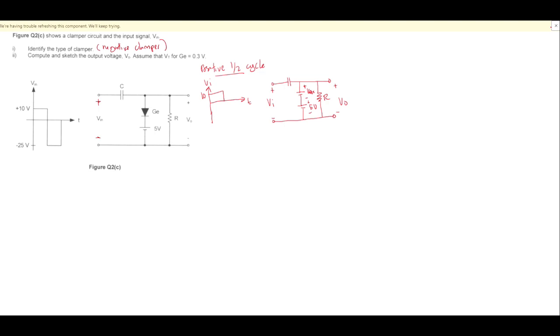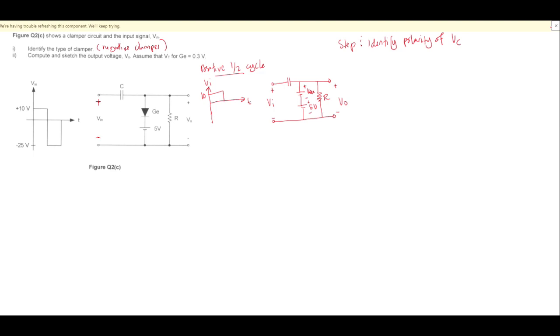We need to identify the polarity of the capacitor. So step number 1: identify the polarity of VC, the capacitor voltage.